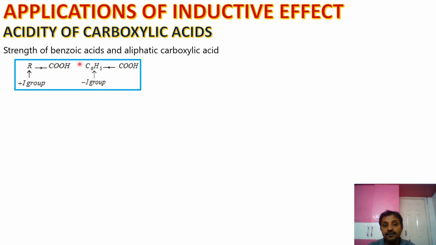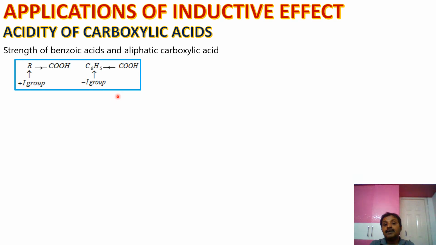Whereas here the phenyl group, which has a minus inductive effect, is acting as an electron withdrawing group. It stabilizes the carboxylate ion, which is formed after the release of the proton.